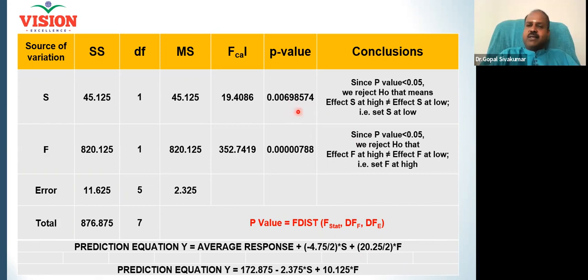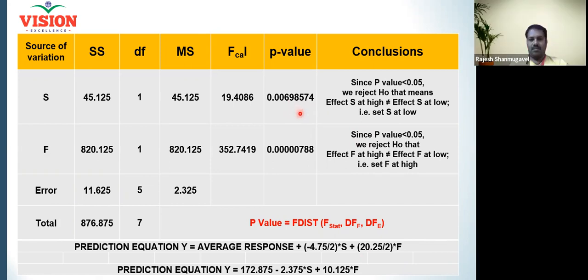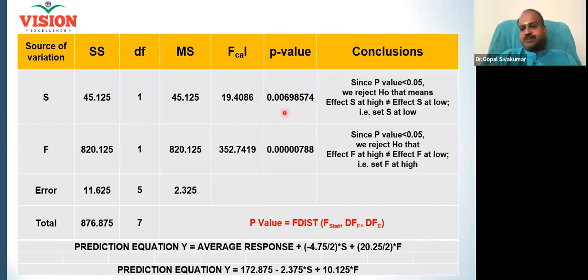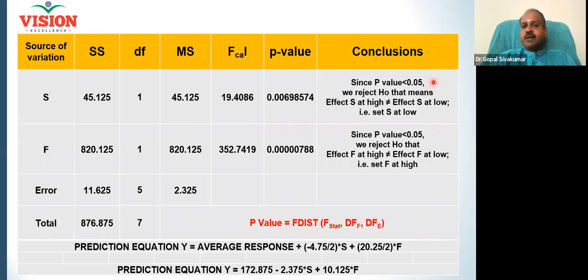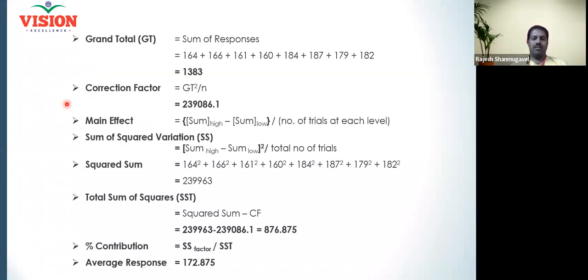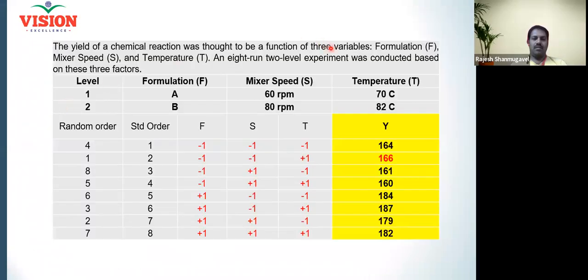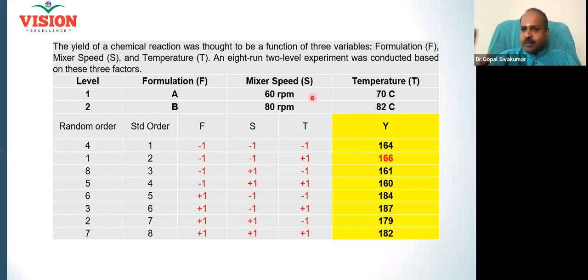Same way, now you just have to tell me, is this p-value more than 0.05 or less than 0.05? Less than 0.05. So less than 0.05, reject the null. So far your company is thinking that, yes means, what is yes? Yes means mixer speed. Your company so far believed that mixer speed can range anywhere between 60 to 80 RPM.